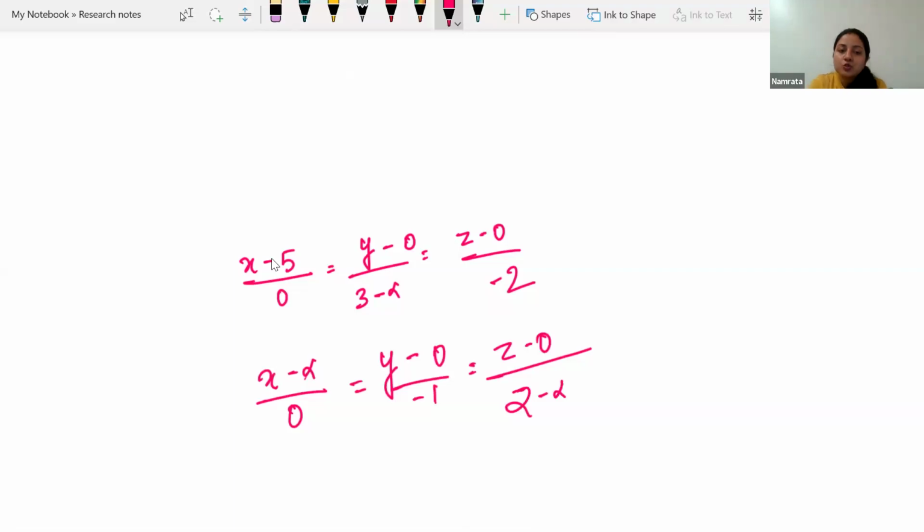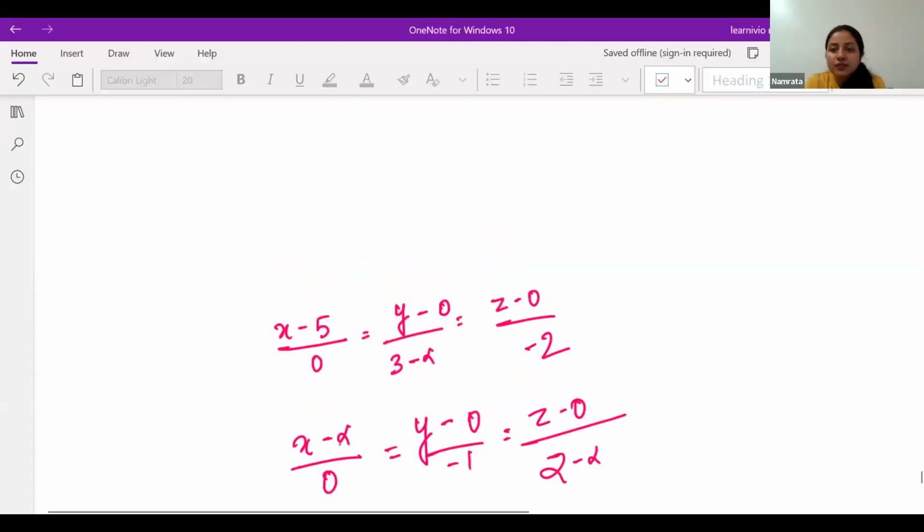If these two lines are coplanar, then what will we write by using the determinant? Anyone? Previous day also we were solving a question like this only. Yes or no? Ma'am, can you repeat? Yes, what determinant?